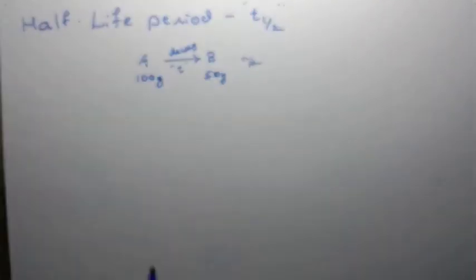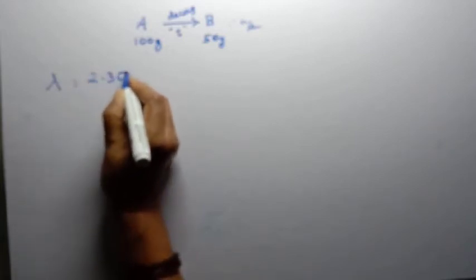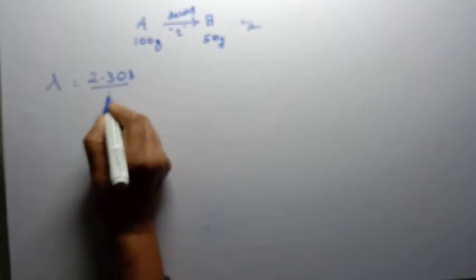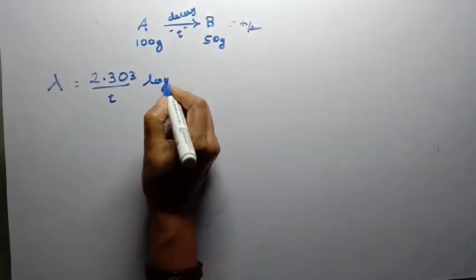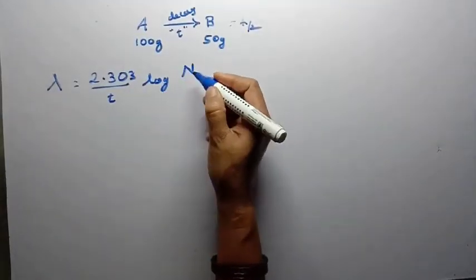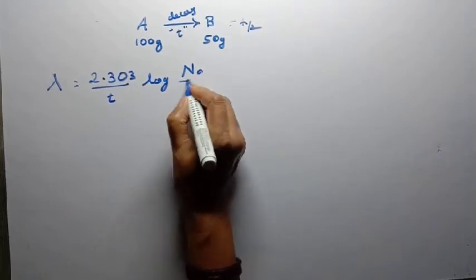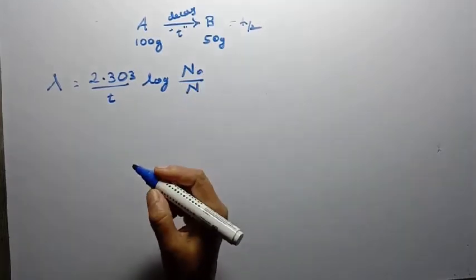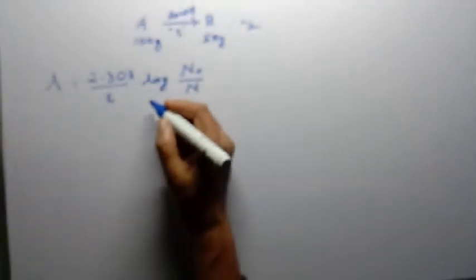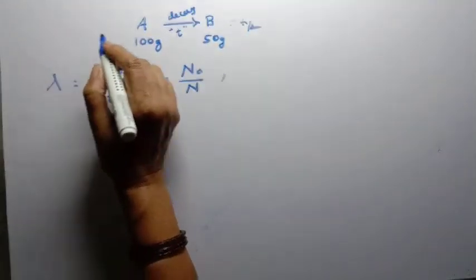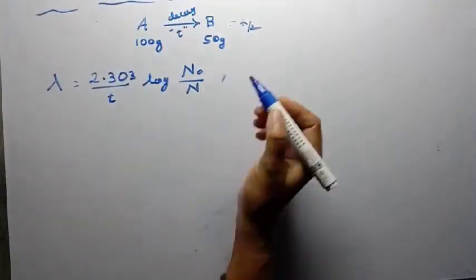Now you are well familiar with the decay constant expression, where lambda is equal to 2.303 by t log of N0 by N. Now our aim is to get the expression for T half.